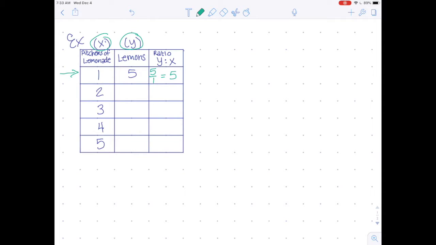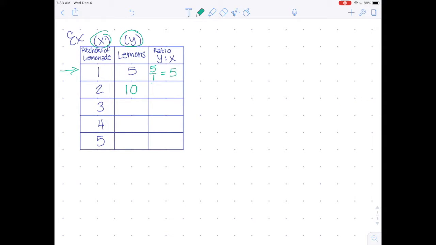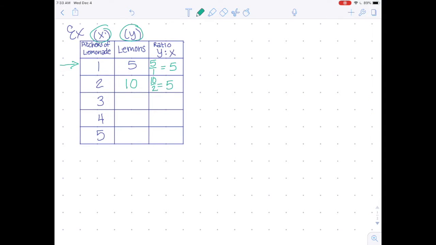So if we have 2 pitchers of lemonade, now it's going to take 10 lemons because 2 times 5 is 10. Let's check the ratio. 10 over 2 equals 5. So we're good. The ratio should always be the same. If we have 3 pitchers of lemonade, 3 times 5 gives us 15, so it's going to take us 15 lemons.